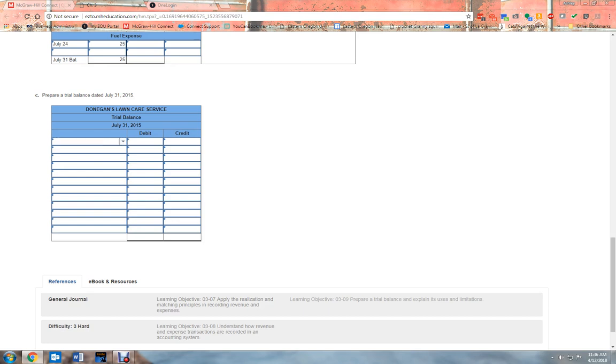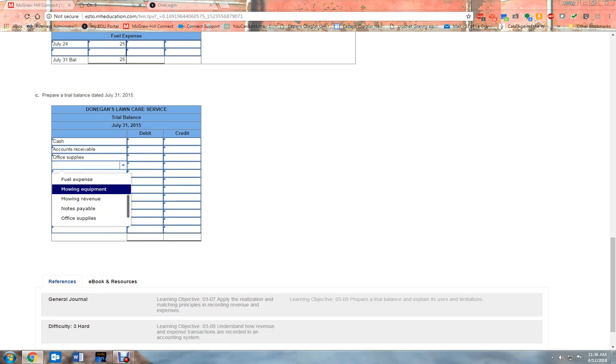So remember, cash is almost always at the top. And then accounts receivable. And then we move into generally our inventories. So office supplies. And then our equipment.